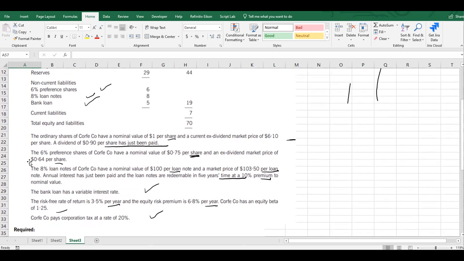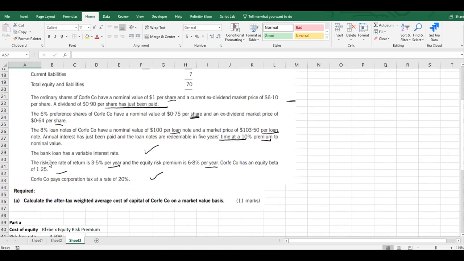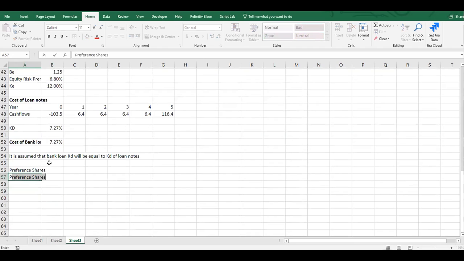6% preference share, so dividend is 6%. Nominal value is 0.75. Market value is 0.64. So remember, preference dividend is equal to 6% of 0.75.